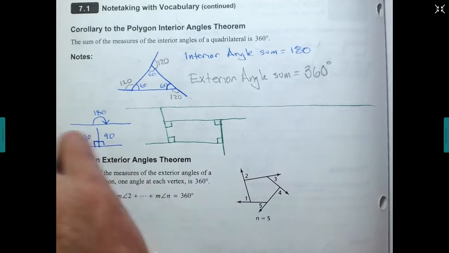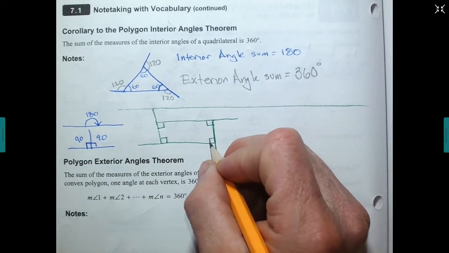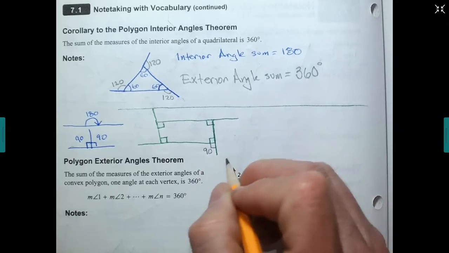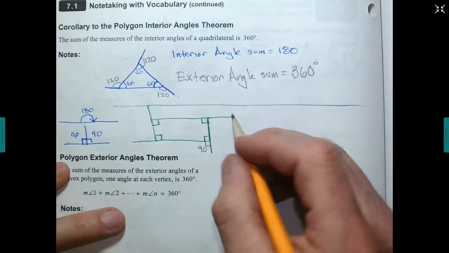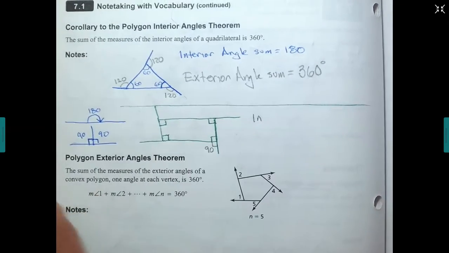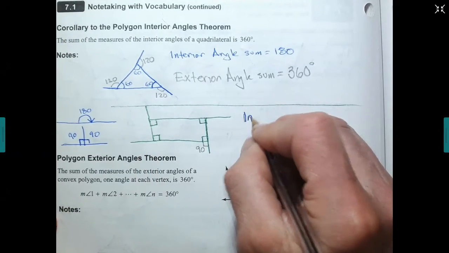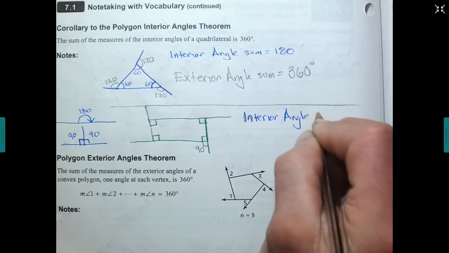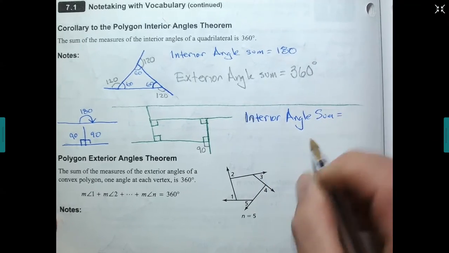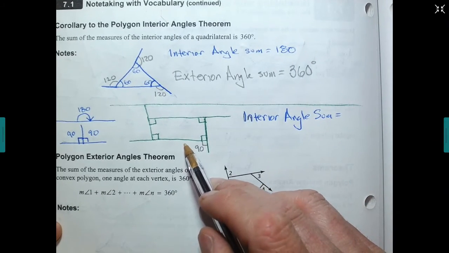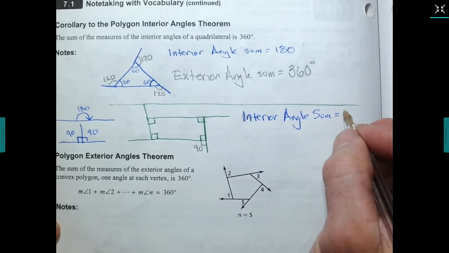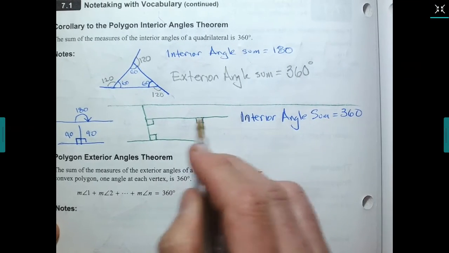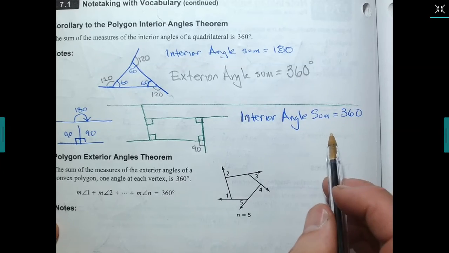Well, that angle is also 90. Oh, let's go back one little bit. What is our interior angle sum for this quadrilateral? Well, it's 360. We learned that a four-sided shape is 360 degrees.